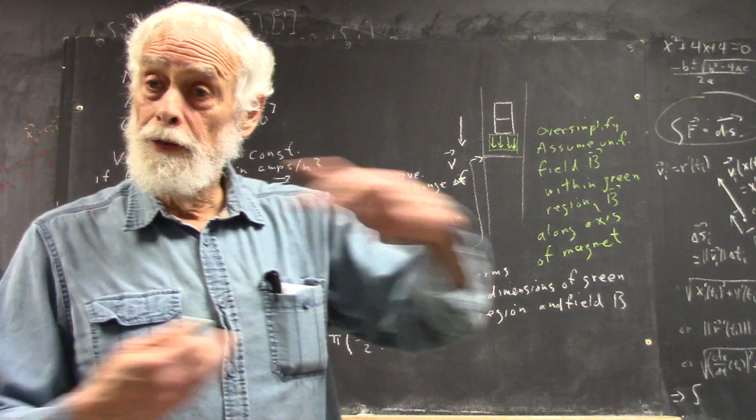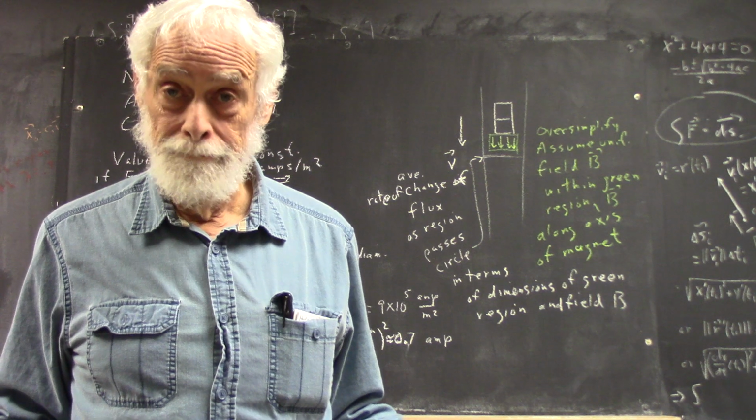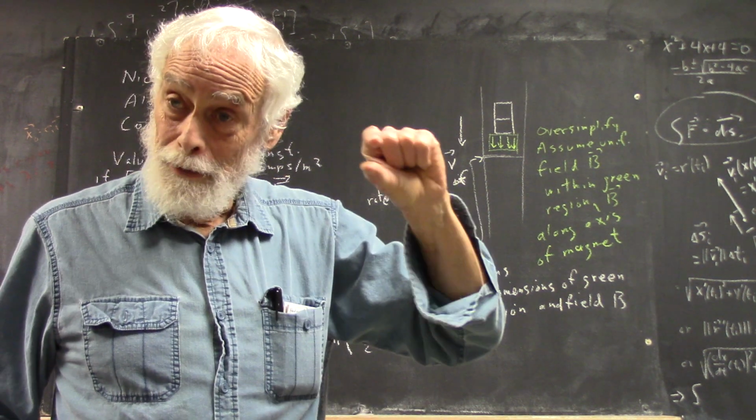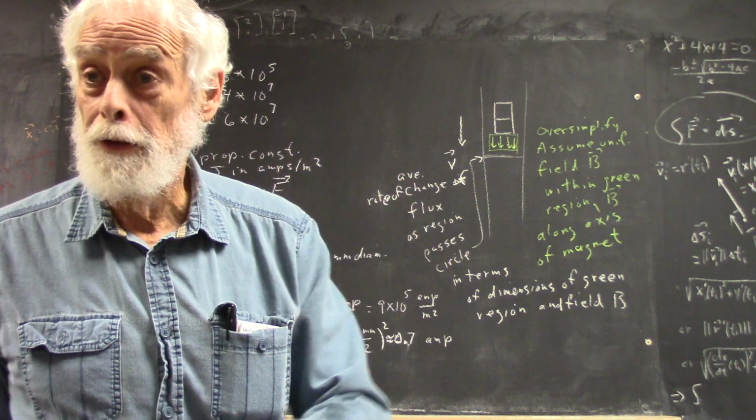So this region's got to have some diameter, meaning it'll have some radius, and it'll have some thickness. So just a cylindrical region.